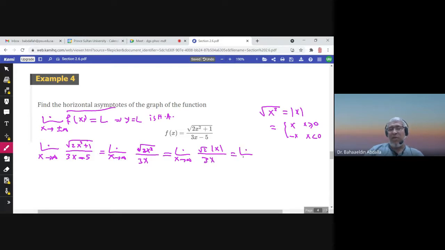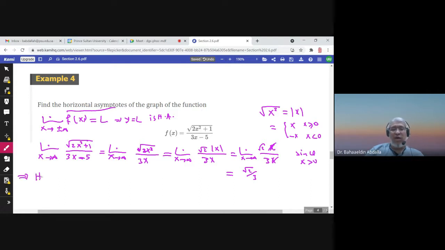Then I will write limit x goes to infinity of square root of 2 times x. And why is it x? Because x is positive. So you can say since x is positive. Now x cancels with x, and the answer would be square root of 2 over 3.